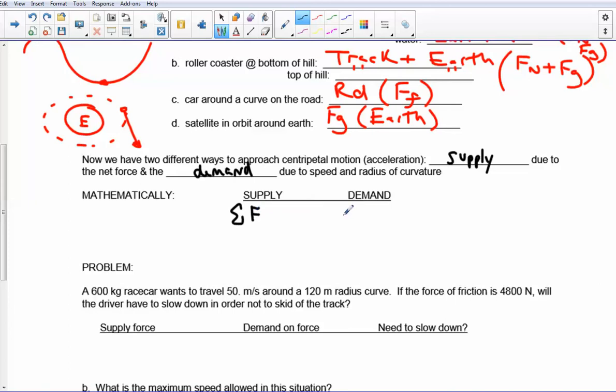And the demand is equal to ma, but a here is equal to v squared over r. So substituting that in, we get m times v squared divided by r. This is the equation that we'll be using for circular motion: F net is equal to mv squared over r.